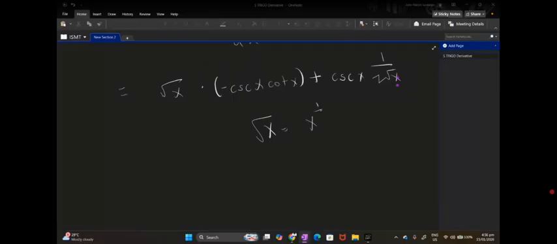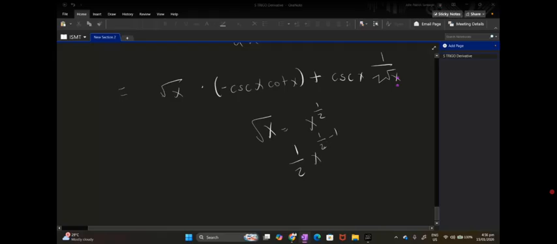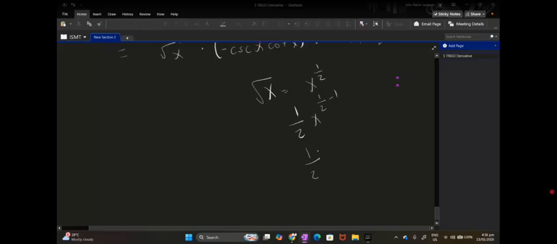So, it's x, di ba, square root of x is x raised to 1/2. Then, gagamit na tayo ng generalized power rule. So, it's gonna be 1/2 times x raised to 1/2 minus 1. Then, yung 1 natin, pwede siya maging 2 over 2, kasi 2 divided by 2 is 1.